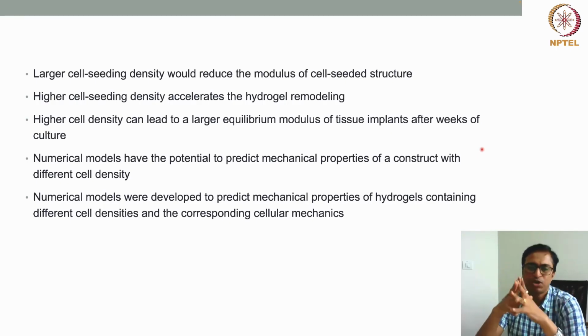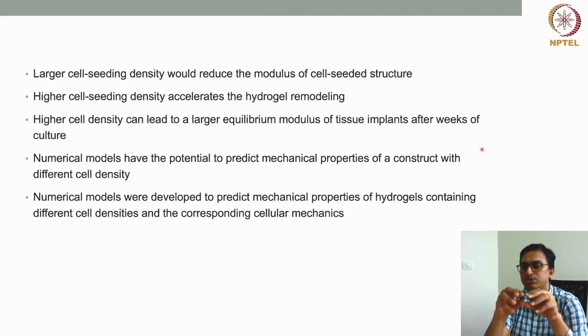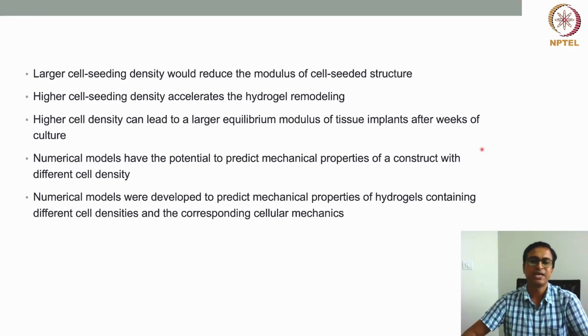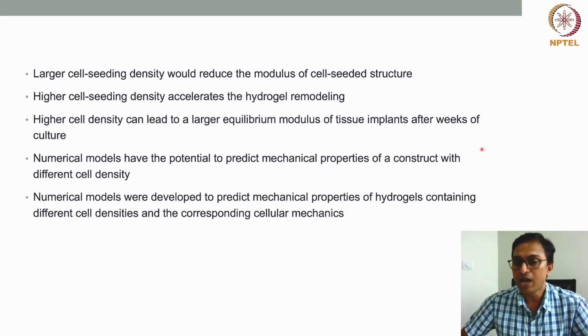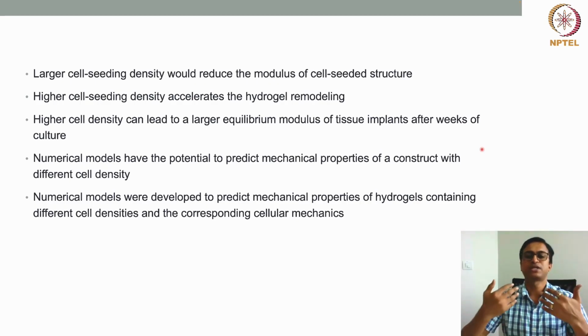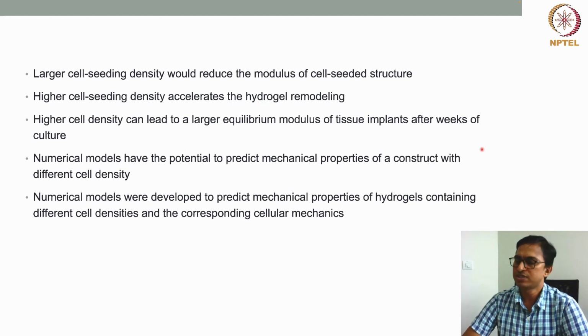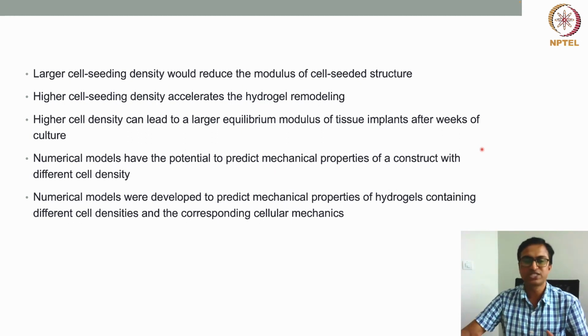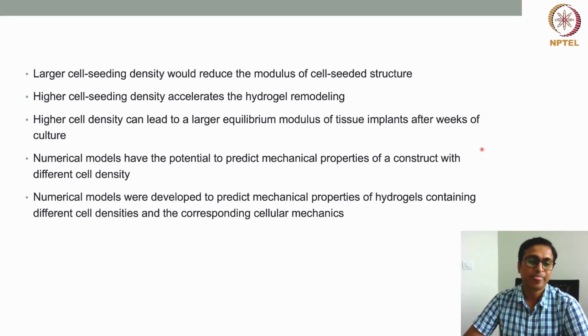And there are numerical models that can actually predict the mechanical properties of a construct with different cell density. That means if you prepare structures with different cell density and mature them, then the effect of the different cell density upon culturing, suppose weeks of culture, can be predicted.